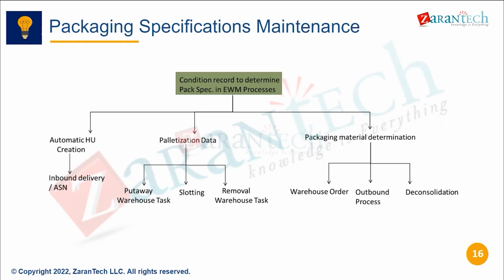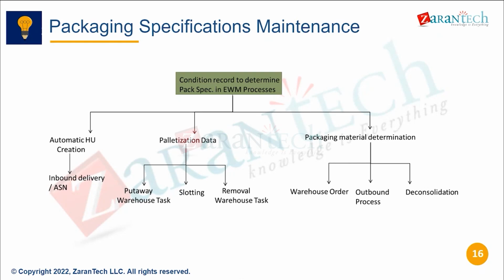Okay, now to create all this packaging specification, when should it be triggered or created? For that, we need to maintain the condition records to determine the packaging specification in EWM for the processes, like automatic HU creation.